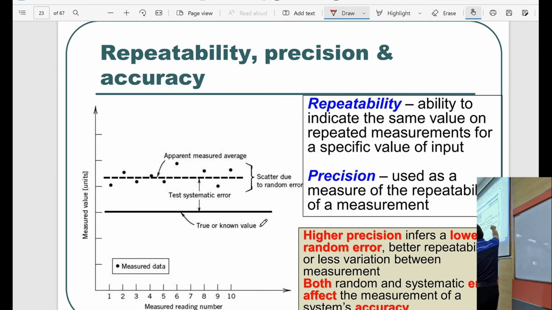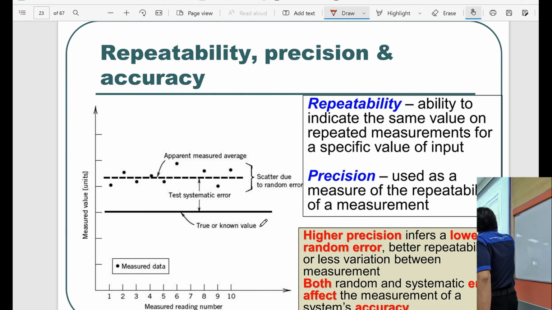The second one is actually the true value, but it shifts upwards with a bias, an offset. If we can eliminate that offset, we can have the true value. But still, the precision does not depend on the systematic error. The precision is affected by the randomness of the data, or the noise.